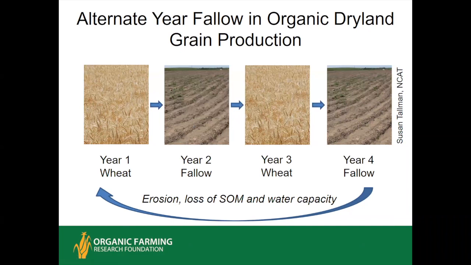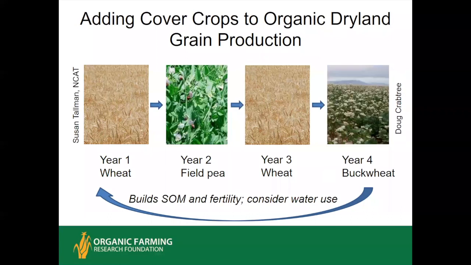In fact, wheat fallow rotations, even when managed with continuous no-till and either organic or very careful, judicious use of conventional inputs, even in those circumstances, the wheat fallow rotation tends to show a loss of soil organic matter and a degradation of soil health.